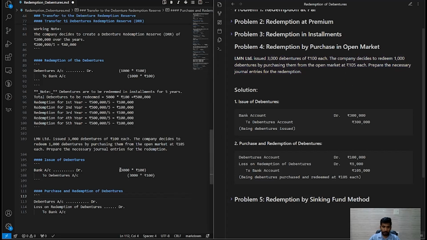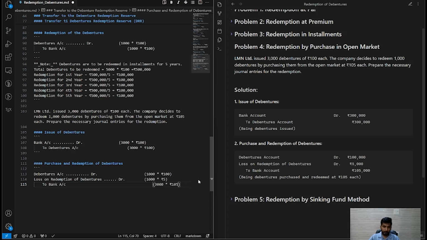How many debentures is the company redeeming? It is redeeming 1,000 debentures. So the loss will be 1,000 into 5, to bank account 1,000 into 105. And that is how you will redeem your debentures.